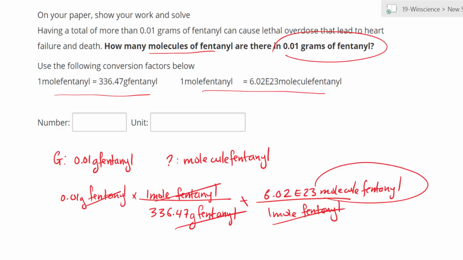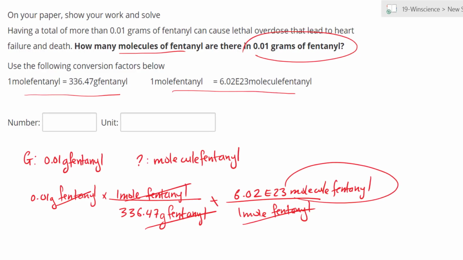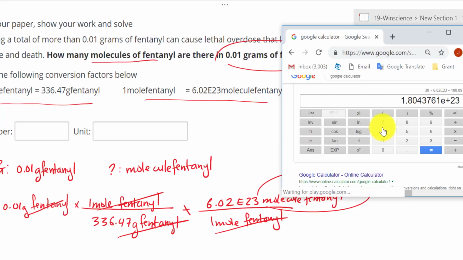And the only thing left is we have to multiply using our Google calculator. So again, the golden rule is multiply every number on top, and we can ignore the 1, divided by everything on the bottom. So we have 0.01 times 6.02 E23 divided by all the numbers on the bottom, which in this case is only 336.47.